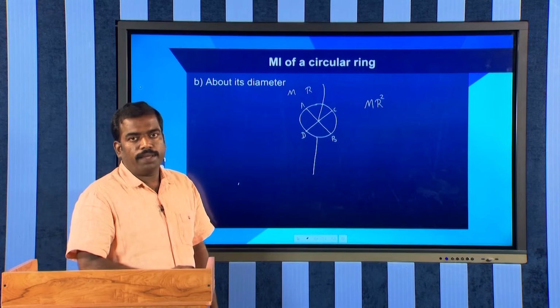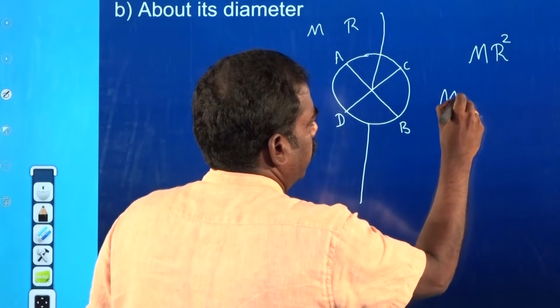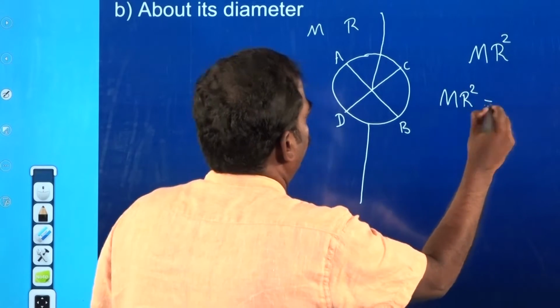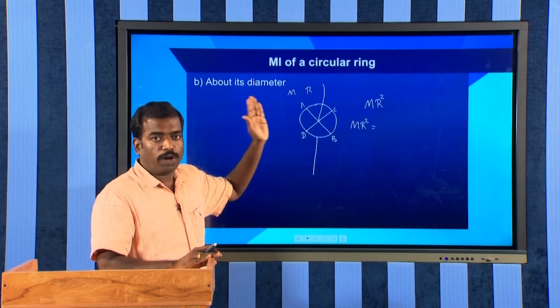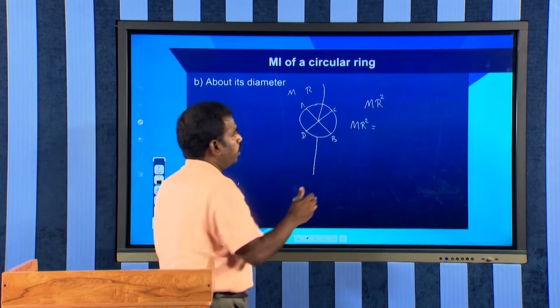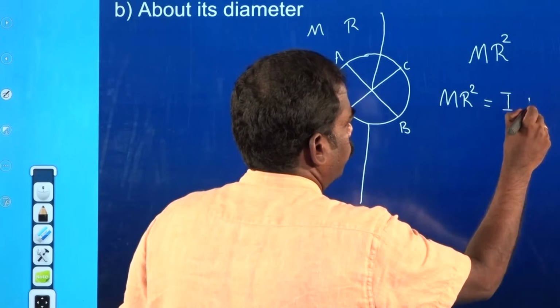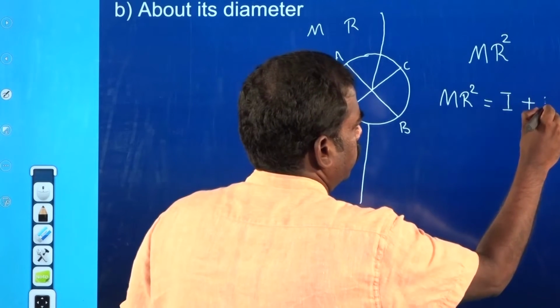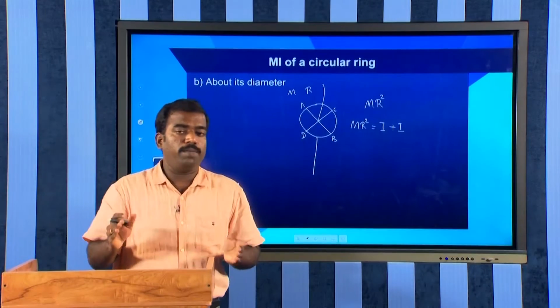So, MR square is equal to, let I be the moment of inertia about one of the diameters. So, it is equal to the moment of inertia about AB, which is I, plus the moment of inertia about CD, which is also I, because the moment of inertia of the ring about all diameters is the same.